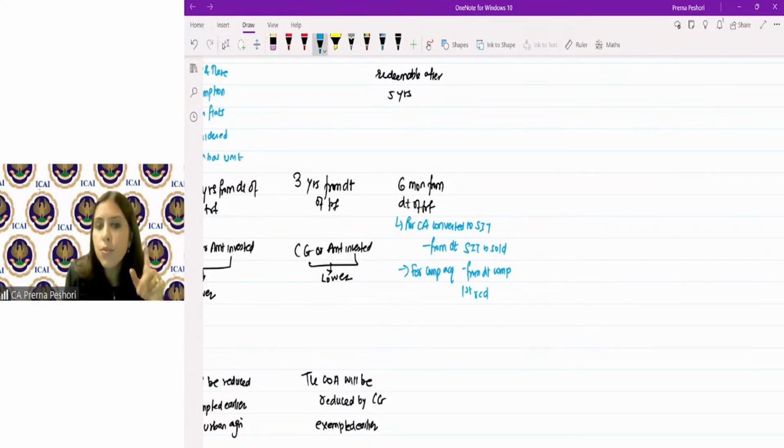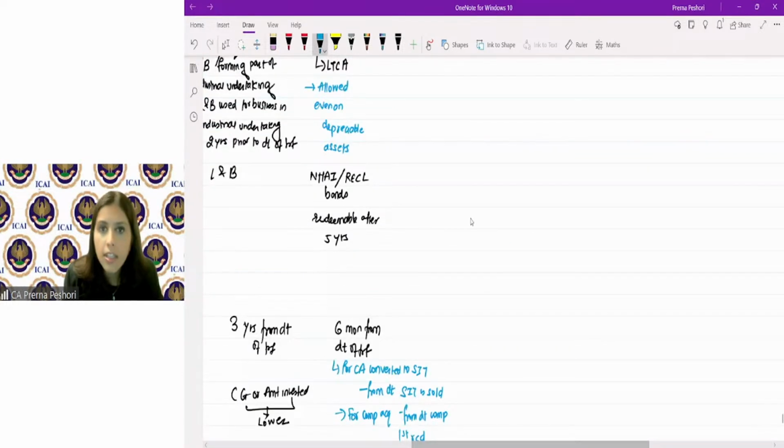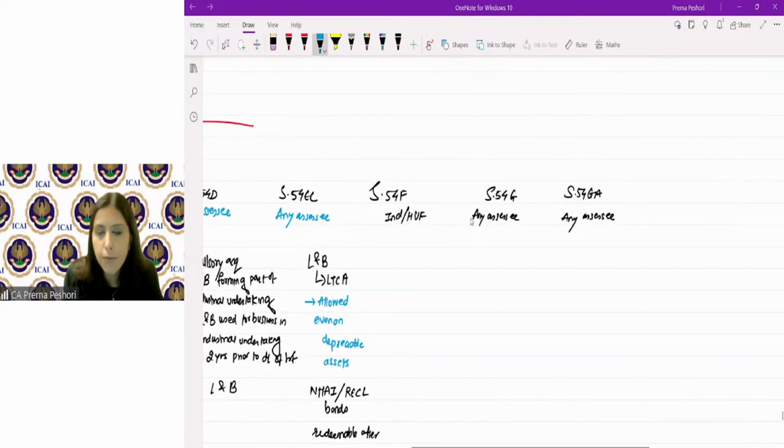The next one which is going to be there is 54F. Now in 54F, again this is only applicable to individual or HUF. Now what is the asset that you should have transferred over here in 54F?